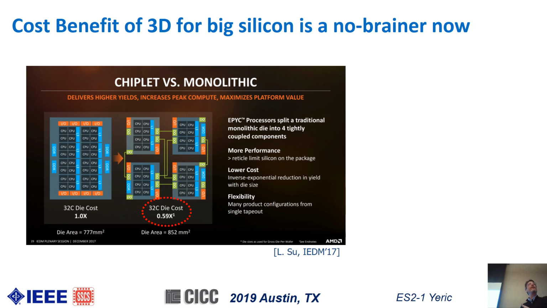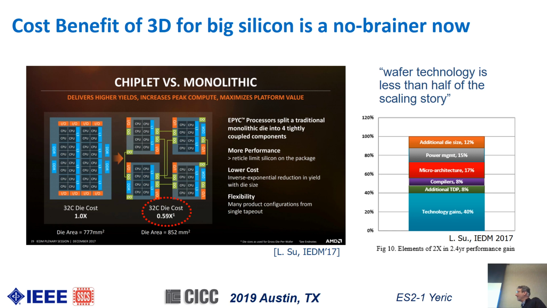You actually make money doing that. And cost-effective 3D or 2.5D lets you do that. So here's an example from AMD where they took a 32-core chip, broke it up into 4 pieces, and they saved 41% in their cost. So pretty straightforward. If you can save cost, you can bet people can start doing this more and more.